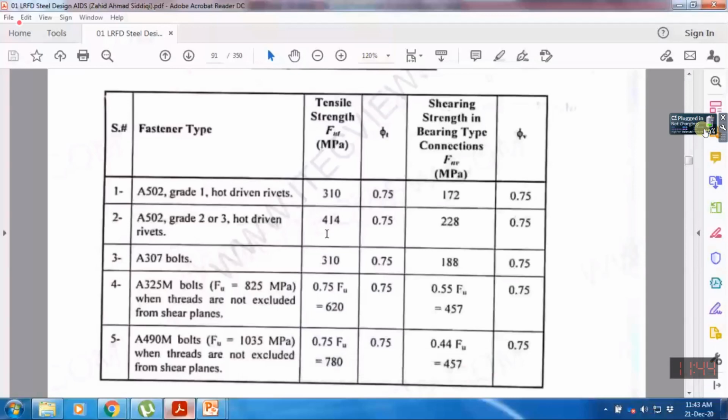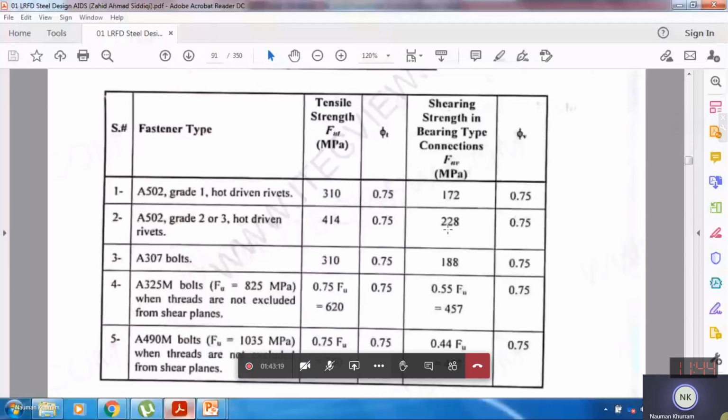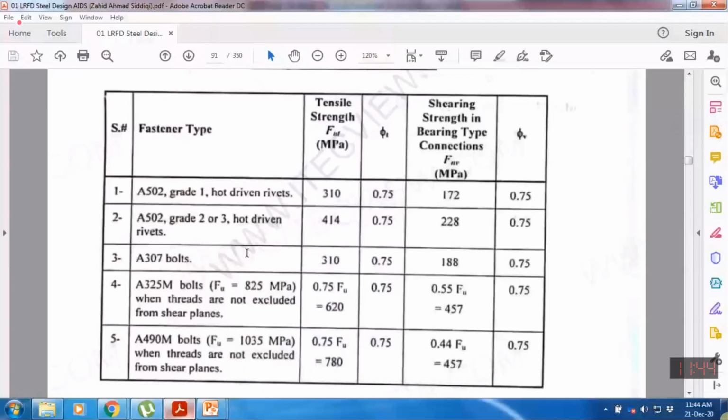For an A325M bolt, FU is 825 megapascal when threads are not excluded from the shear plane. A325M bolts are manufactured as per ASTM standard A325M, and the ultimate strength of this bolt is 825.